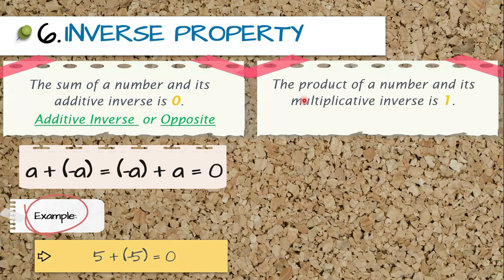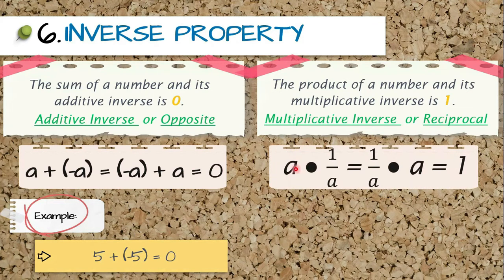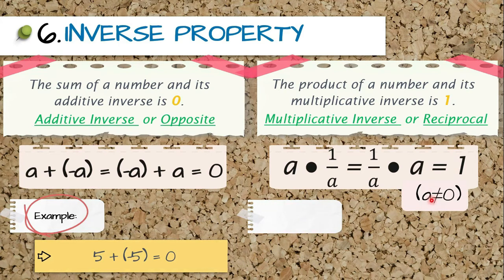Next, the product of a number and its multiplicative inverse is 1. Multiplicative inverse is also known as reciprocal. A times 1 over a is equal to 1 over a times a is equal to 1. Here, a must not be equal to 0.